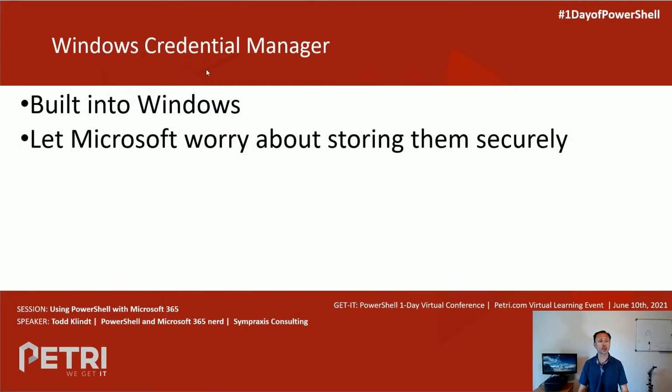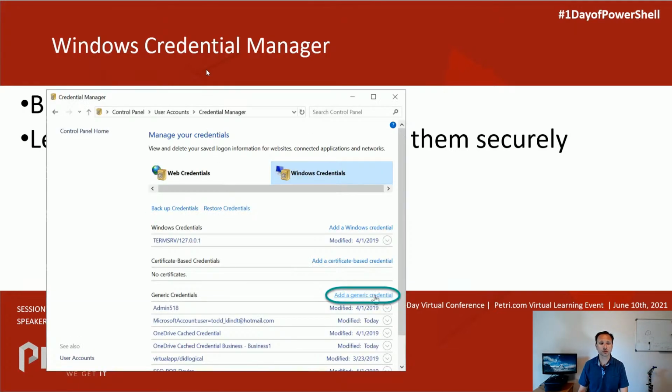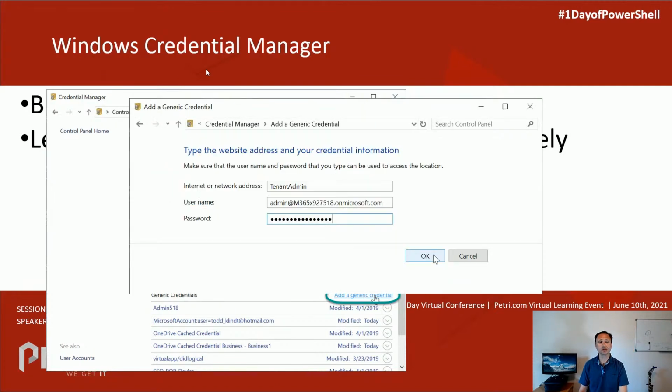So this is just a quick thing about the Credential Manager. I showed how you can use that Credential Manager module to create them. You can also just create them in Windows. So go into Control Panel, look for Credential Manager. You want the Windows credentials. You can add a generic one. You can name it whatever you want. And here I name it Tenant Admin because that's easy for me to remember. You can also put the URL of the site, the tenant that you're going to connect to.